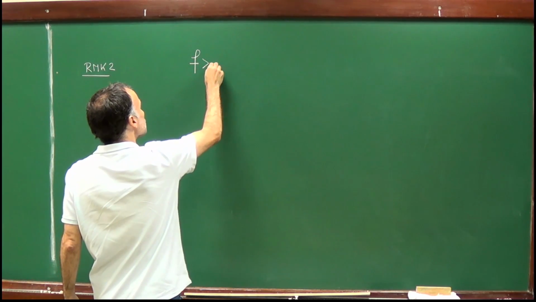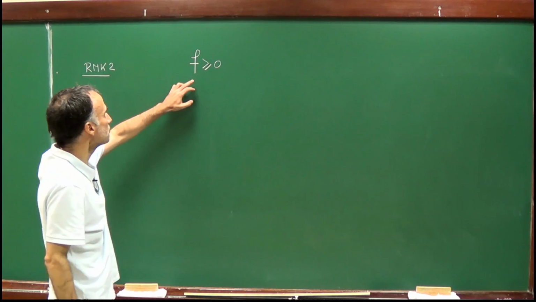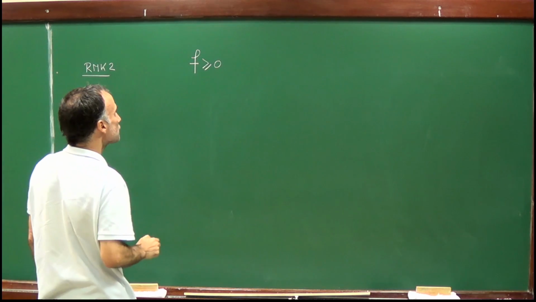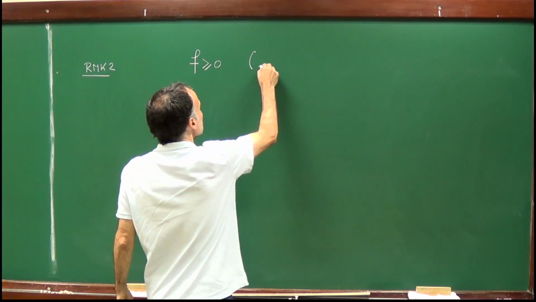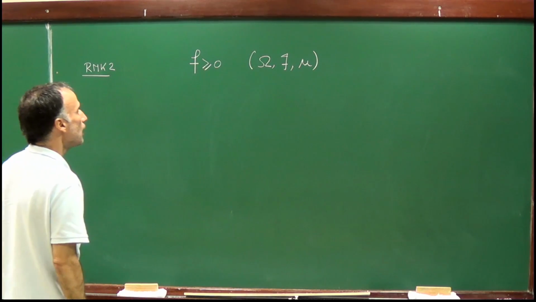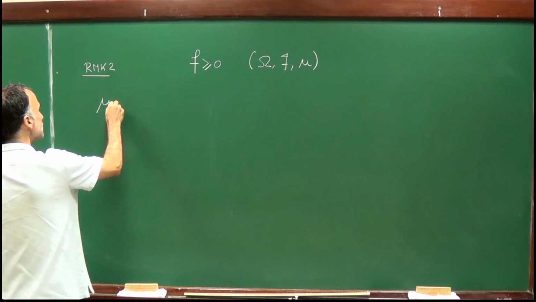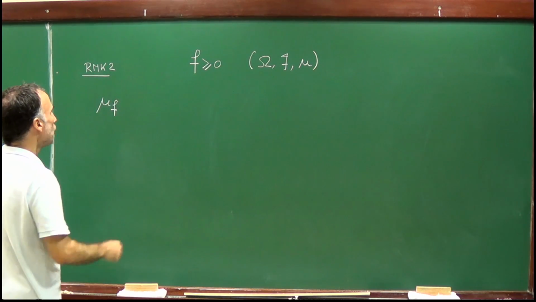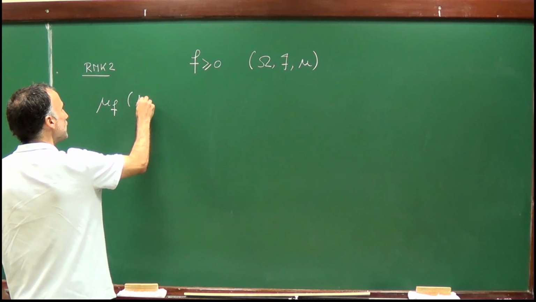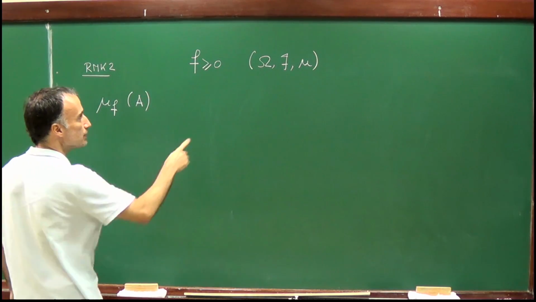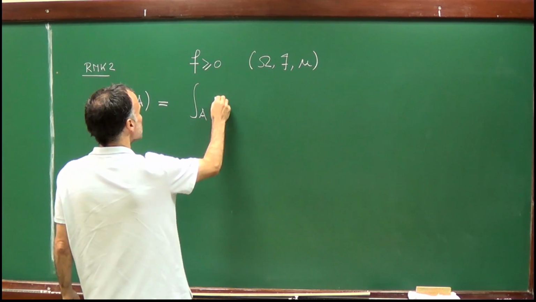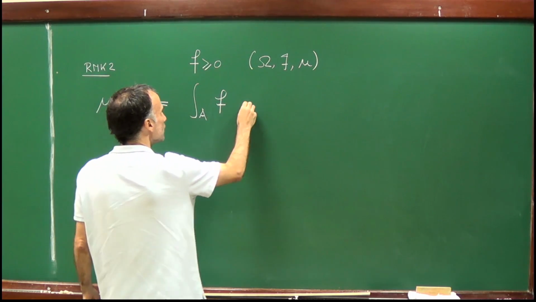Well, let's now take a function f, which is always measurable and non-negative. And I want to use this function, which is defined on a measurable space (Omega, F, mu), to define a new measure, which I will represent by mu_f, defined on the same measurable space, and which will be given by, if I have a set A in the sigma algebra F, the integral of f on the set A d mu.